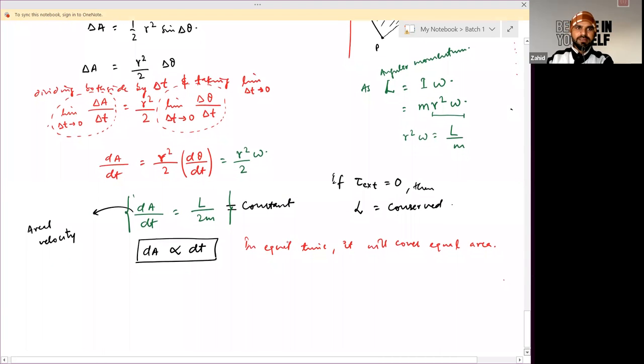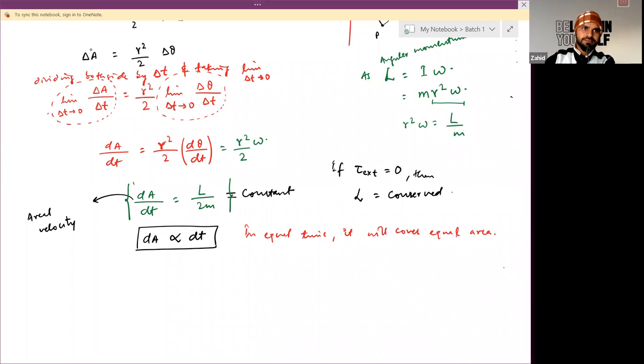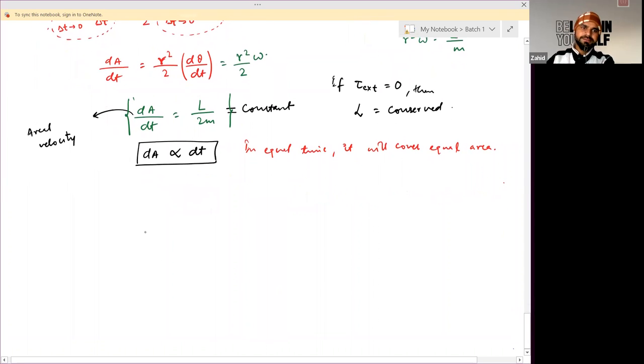Now we can define some other terms related to this. According to conservation of angular momentum, angular momentum at perihelion must equal angular momentum at aphelion.